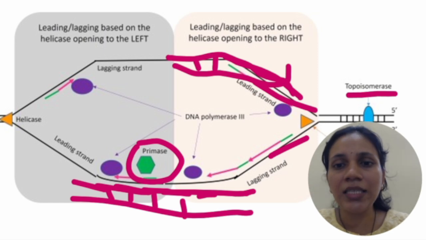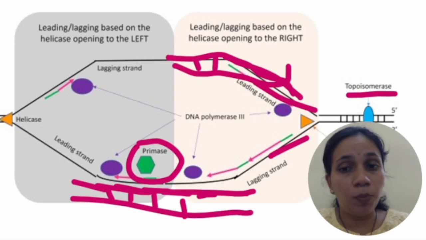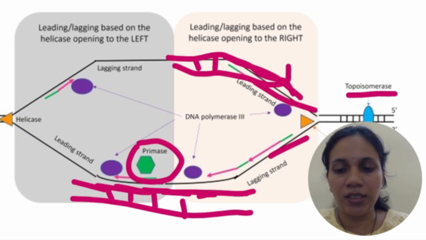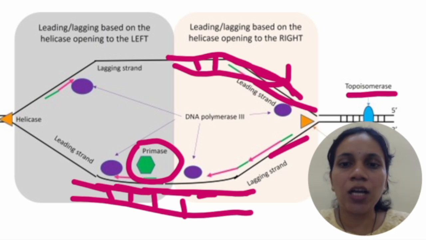This enzyme is highly efficient and highly accurate, because mistakes will lead to mutations. Then dNTPs have a dual purpose: they act as a substrate and as an energy currency.